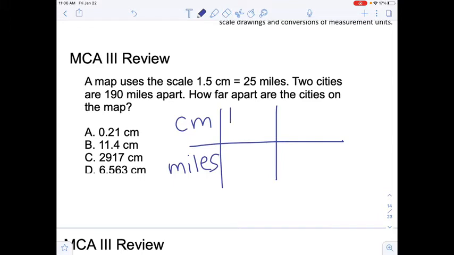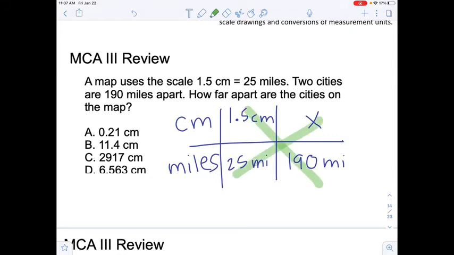So I know on my map that 1.5 centimeters equals 25 miles. So I'm going to fill that in on my table. I have 2 cities are 190 miles apart. So I'm going to put that in the miles row, 190 miles. We're going to figure out how far apart they are on the map, so how far apart they are using centimeters.